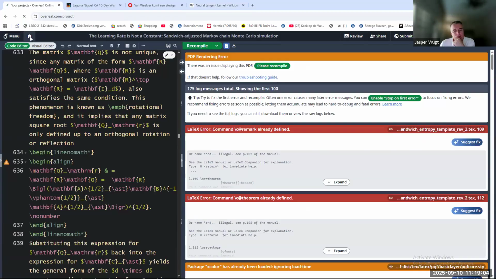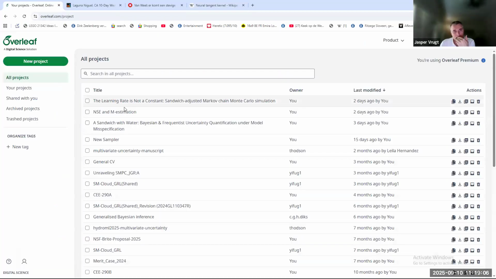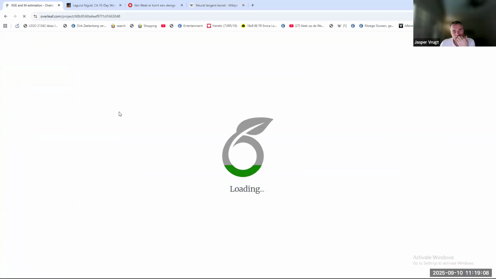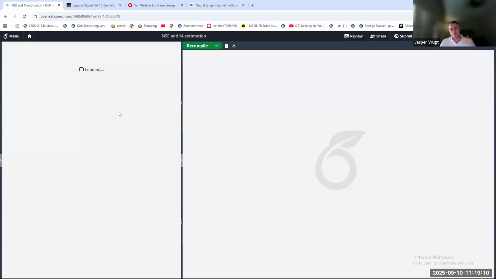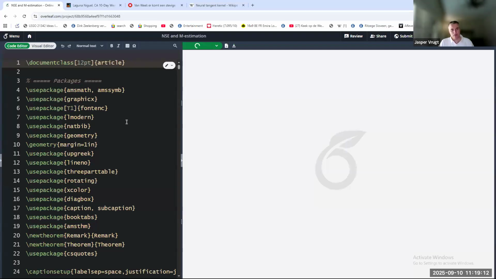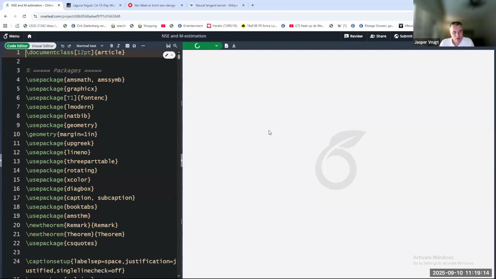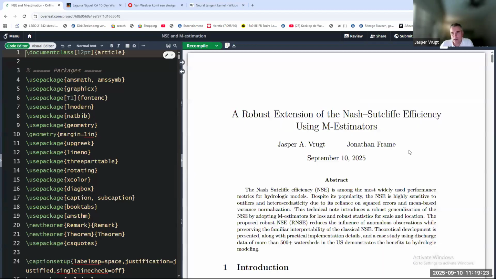So for a while I was working on this M estimation, and then I noticed that stuff is not being used in hydrology. And then I thought, is there a way that we can make some of these metrics more robust?